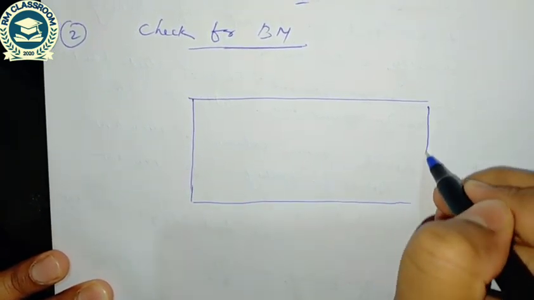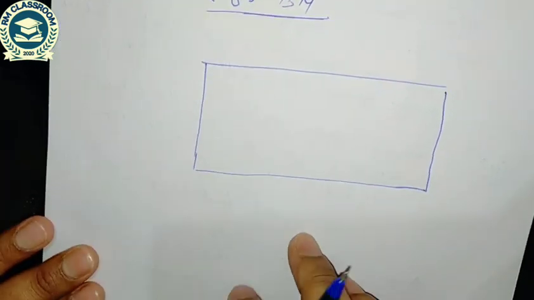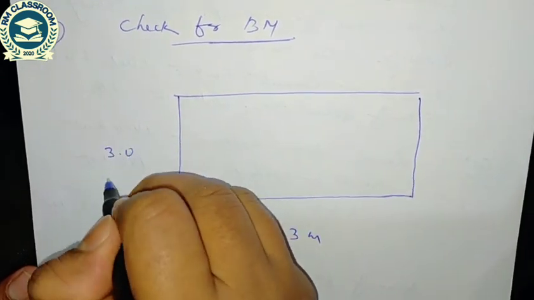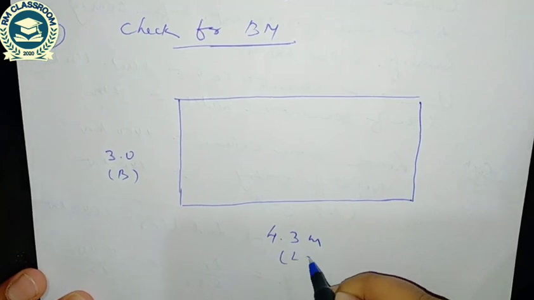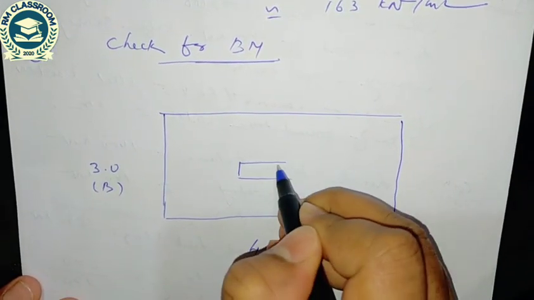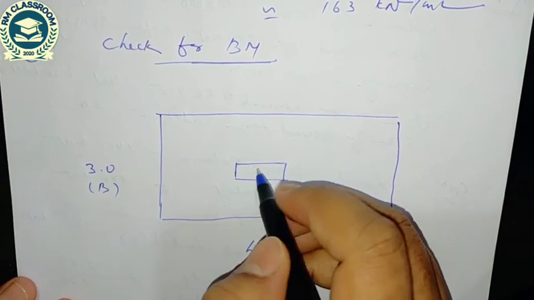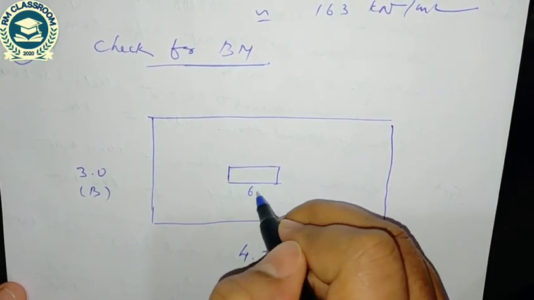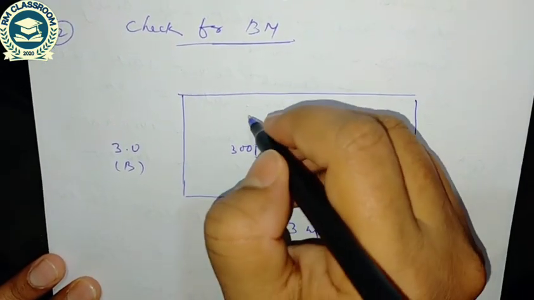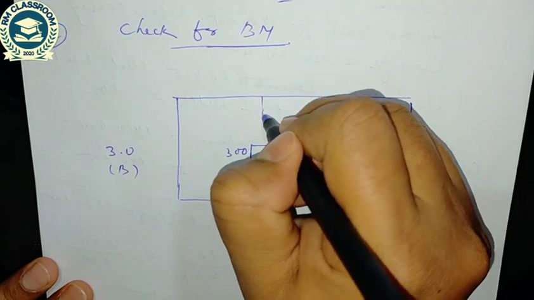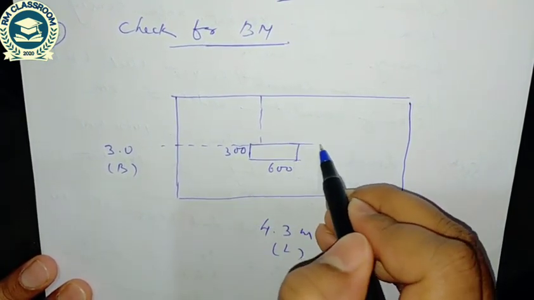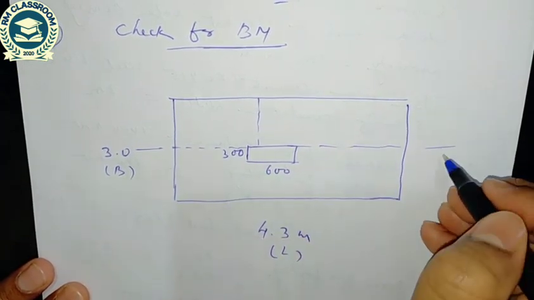This is our rectangular footing, 4.3 meter and 3 meter, and the size of the column is given 600 by 300. Critical section is at the face of the column.